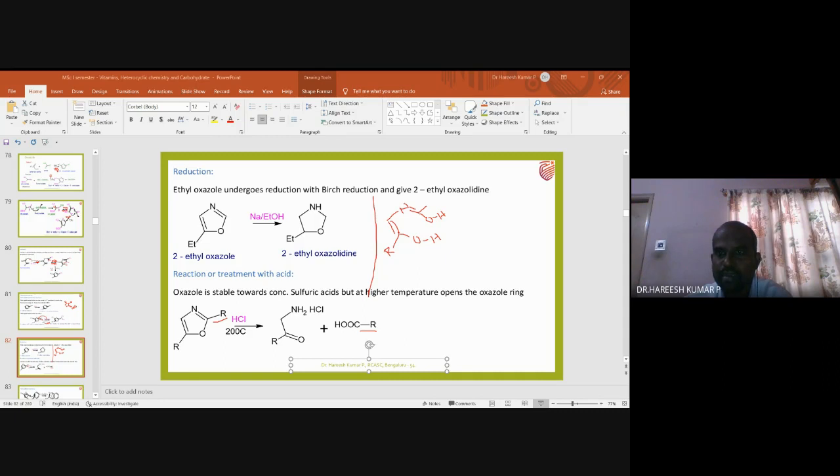Okay, and then NH2 more particularly, and then here a ketone plus a carboxylic acid, C double bond O, and then OH, and here the R group. This is how it is obtained in the presence of H plus.